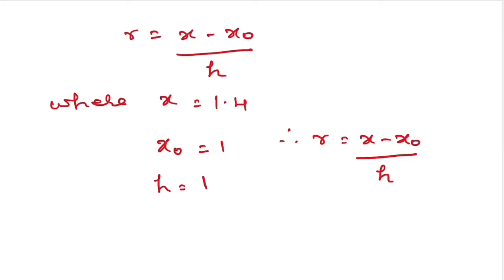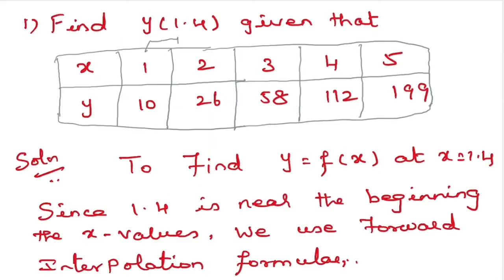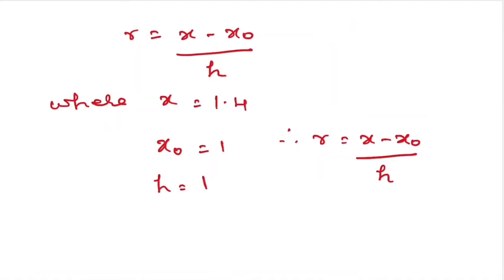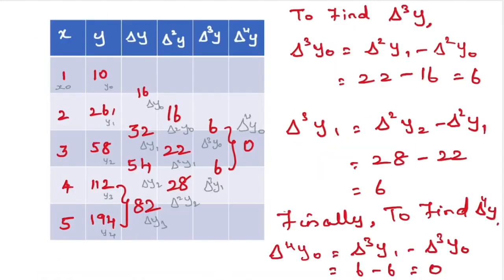So you know x is equal to 1.4. This is the given value, the value at which you are going to find f of x, that is f of x at x is equal to 1.4. Next, x naught is your first term in the table, which is equal to 1.